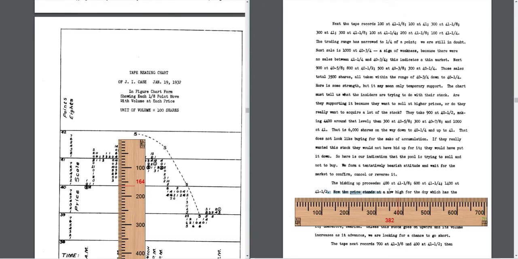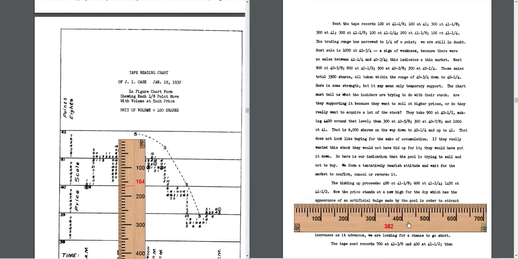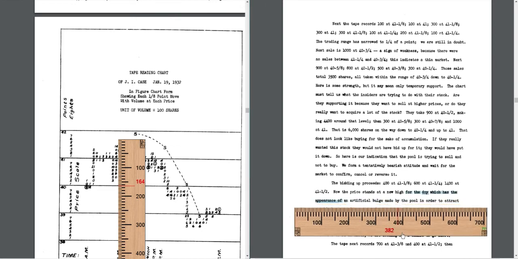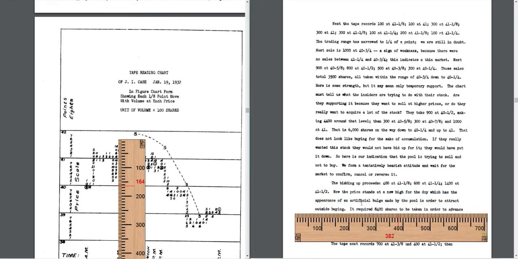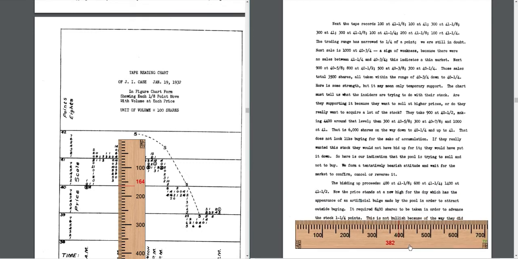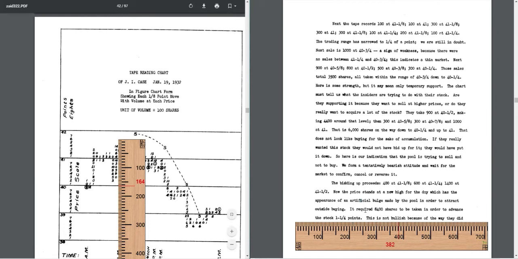Now the price stands at a new high of the day, which has the appearance of artificial bulge by the pool in order to attract outside buying. It requires 8,400 shares to be taken in order to advance the stock 1 1/4 point. It goes down and then up, and total is 8,400.